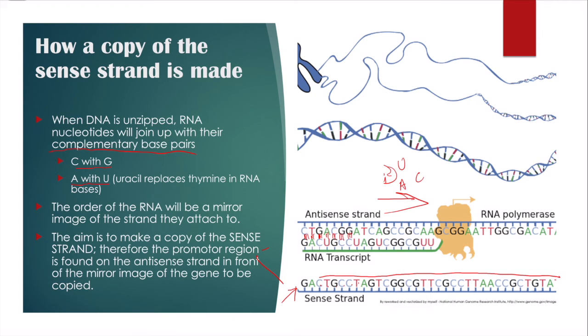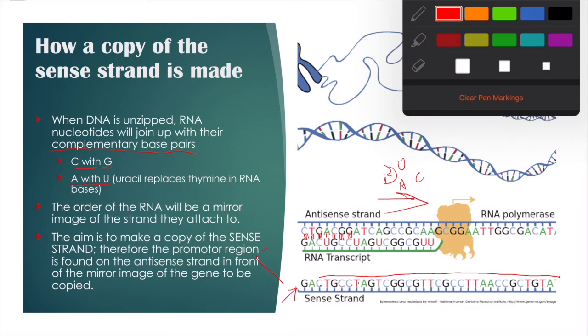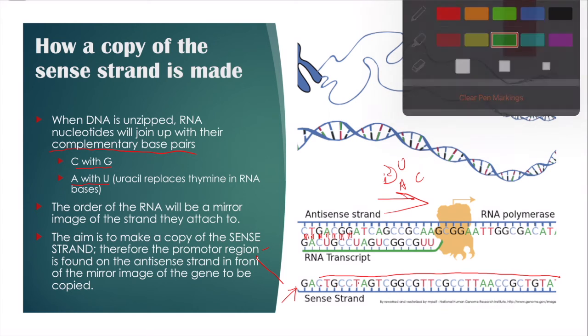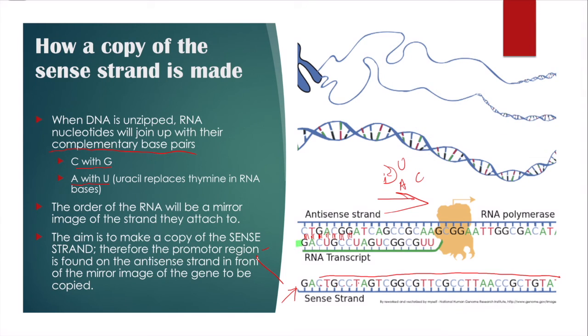Now look at the order that we've got now. All of a sudden, we have RNA in the same order as the gene we're trying to copy. G, A, C. Instead of a T, I've got a U. That's okay. GCC, GCC, and it works that way.